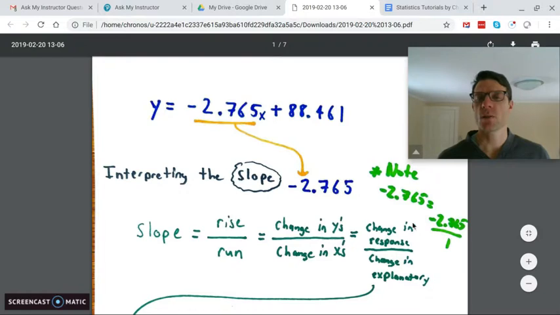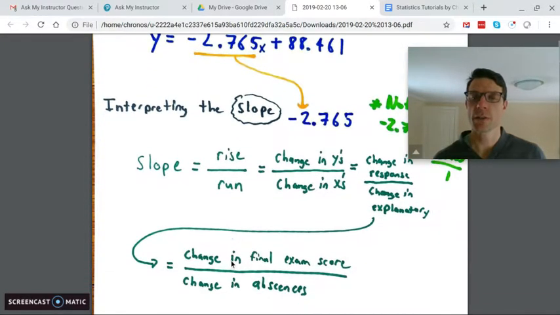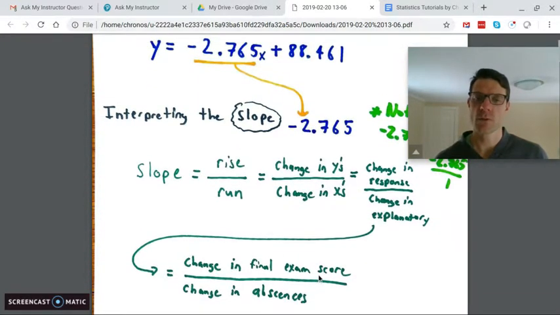So another way to update this definition for regression is the change in the response variable over the change in the explanatory variable. Now, in this situation, our response variable is the final exam scores. So the top is the change in the final exam scores, and the bottom is the change in the explanatory variable, or the change in absences.